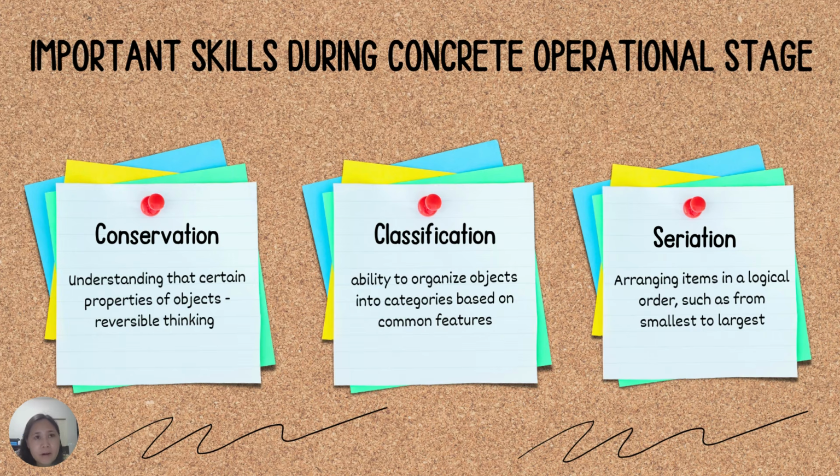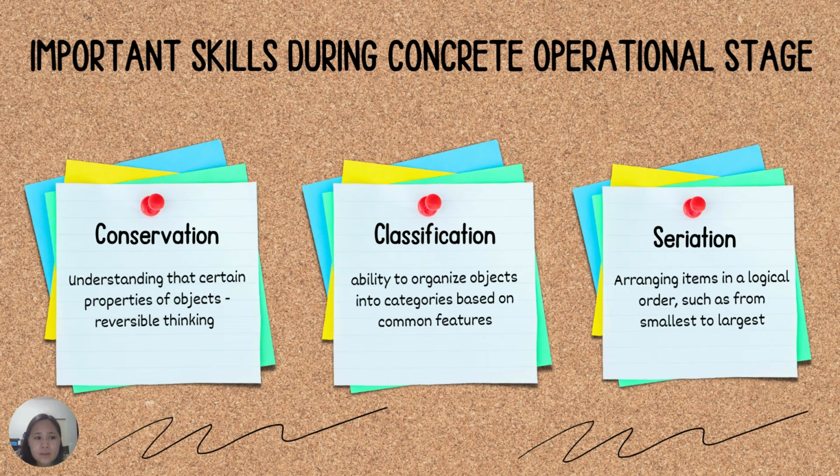Because when we compare, organize and classify objects, it is something observable, something that they can analyze by what they see, what they observe.